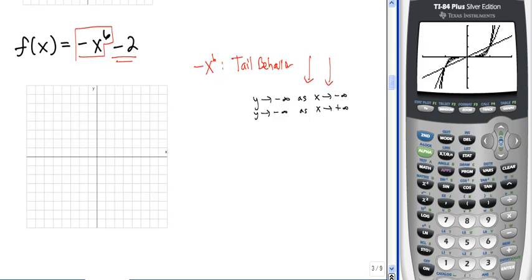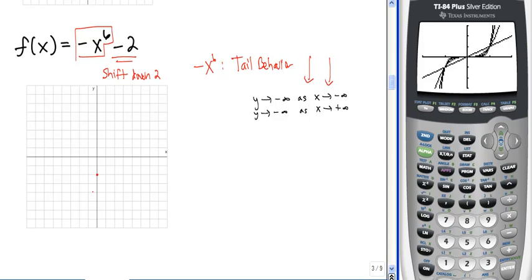If it's on the outside of the power, away from that x, then that's a vertical shift, and because it's minus, this is going to be a shift down 2 units. So instead of being centered at the origin and looking like a negative x to the 6th, it's going to be centered at a y-intercept of -2. So we're taking that whole x to the 6th graph and just moving it down.